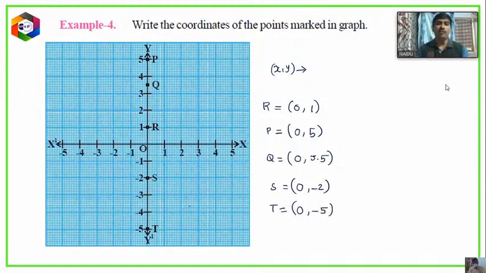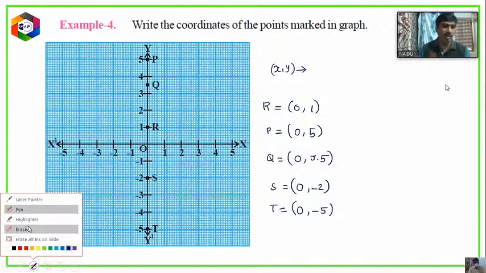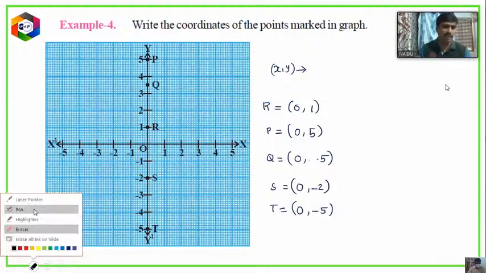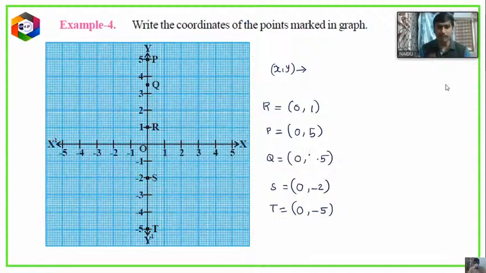Now if you observe, all these points lie on the y-axis. If you observe each and every point, the x coordinate is 0. So now I will write the general form of a point on the y-axis. Can you guess, children? We have to write it in the x, y format.